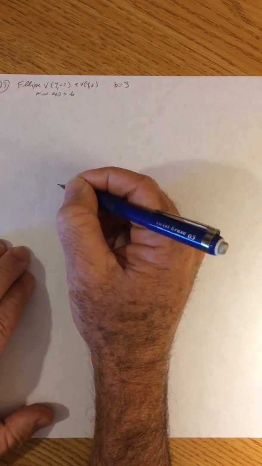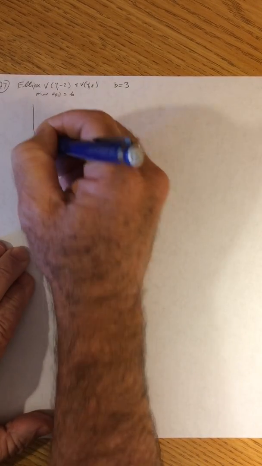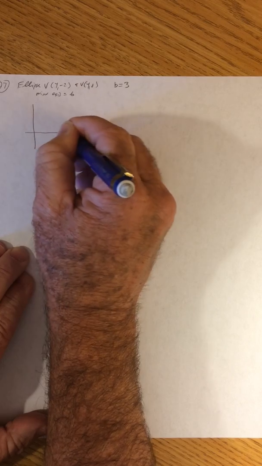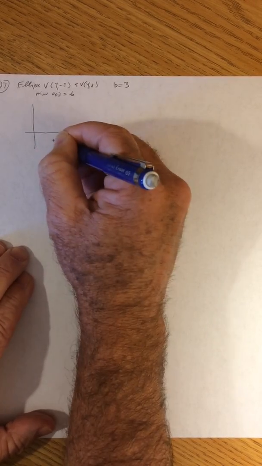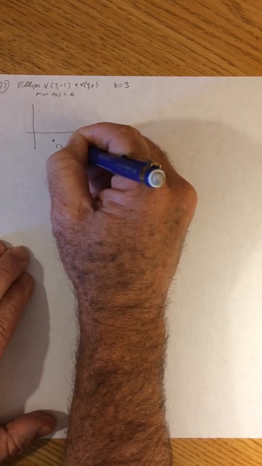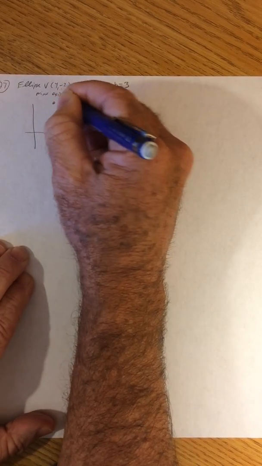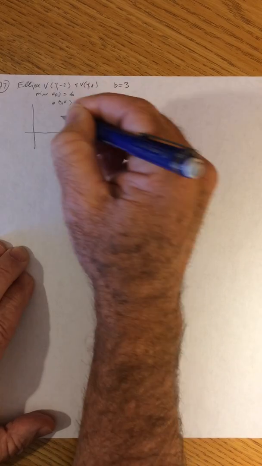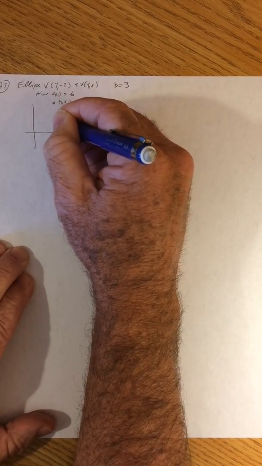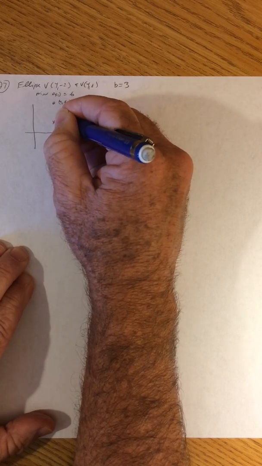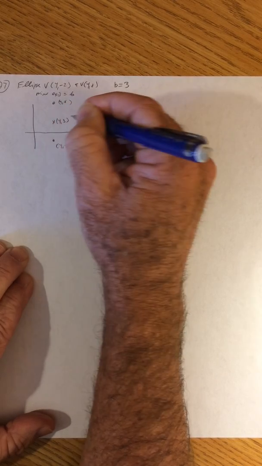Okay, now for the rest of it, let's take a quick look at what the given information looks like when plotted. All right, so we're given 4, -2 as a vertex, 4, 8 as a vertex, and it's easily calculated that the center is halfway between the two of those, which is 4, 3.